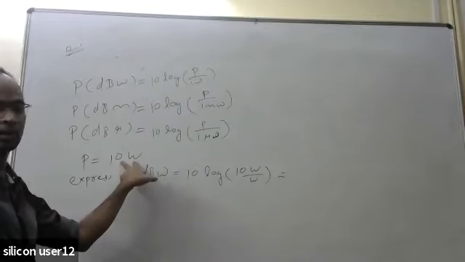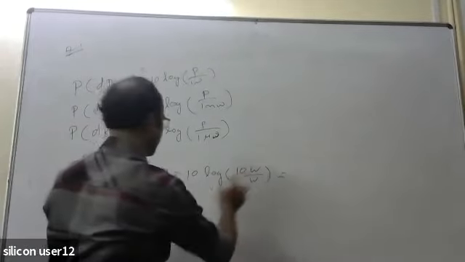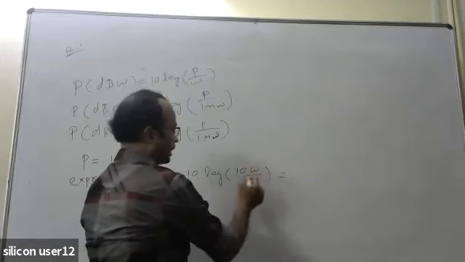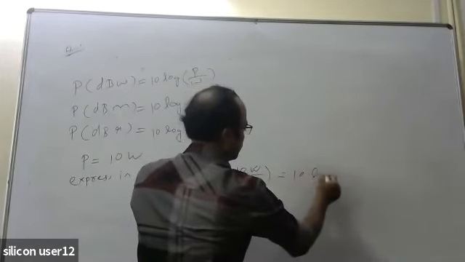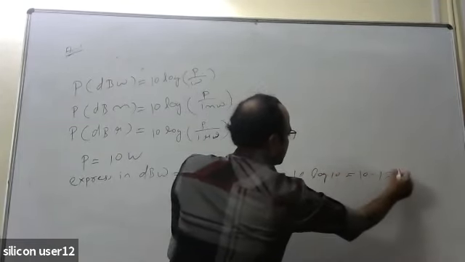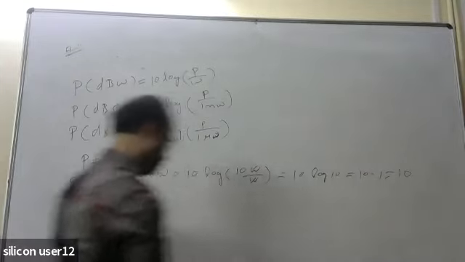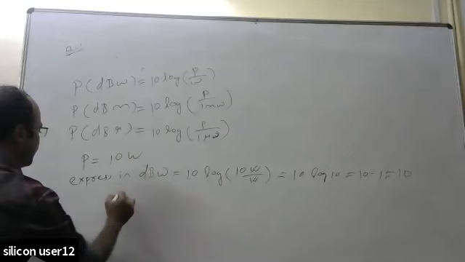So here you can calculate 10 log 10, so 10 into log 10, and log 10 is 1, equal to 10. But now express it in dBm.